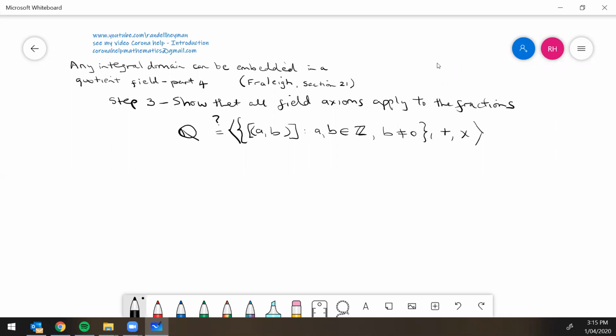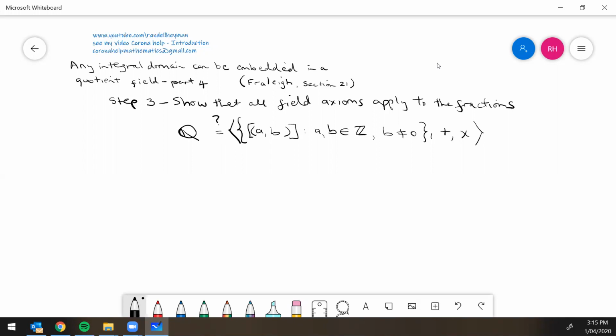Okay, we're halfway through the 4 steps to show that any integral domain can be embedded in a quotient field. In the first step, we showed how to construct a nice, proper mathematical set that we can use as part of the field.